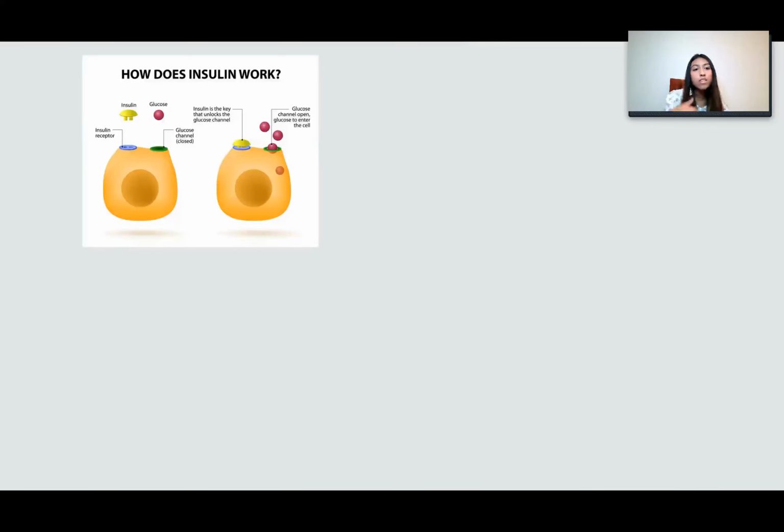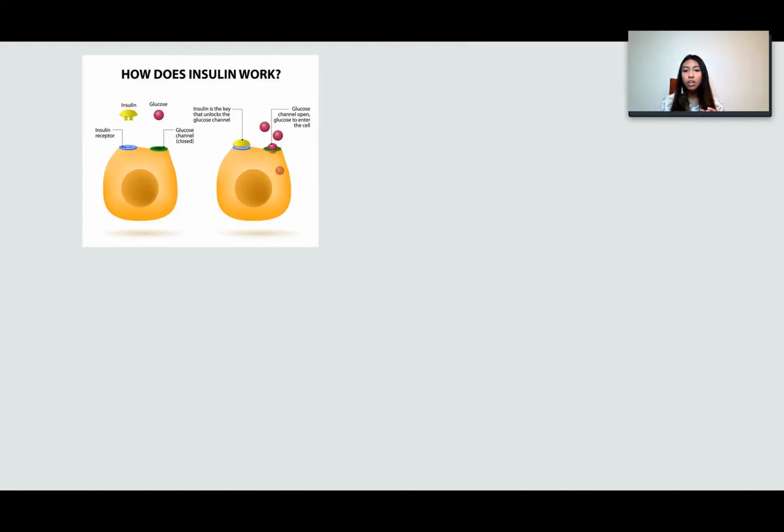So before I get into what diabetes is and how sleep deprivation can result in diabetes, let's go over one of the main hormones in this process, insulin. So I have this image up here. How does insulin work? Well, before we get started on insulin specifically, there are things called receptors on cells, and these receptors actually take signaling molecules, and the signaling molecules fit perfectly into these receptors.